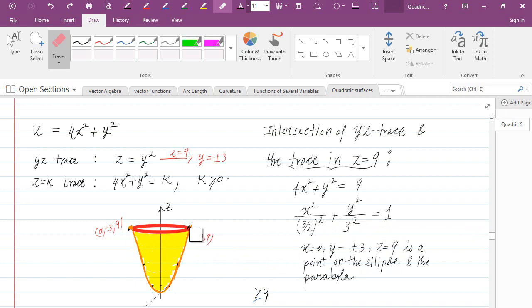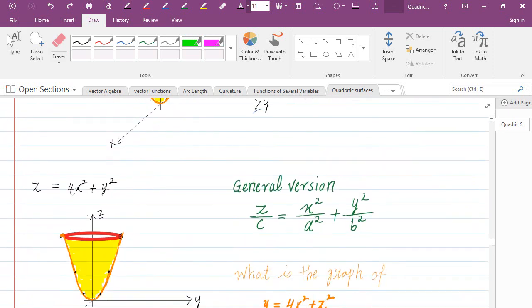And those vertices of the ellipse also lie on this parabola, because when y is plus or minus 3, z is 9. So obviously this point lies on the yz trace, where x is always 0. So you can see why this ellipse intersects the yz trace.